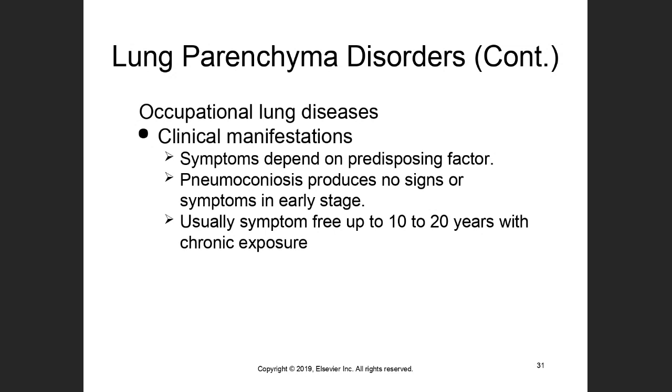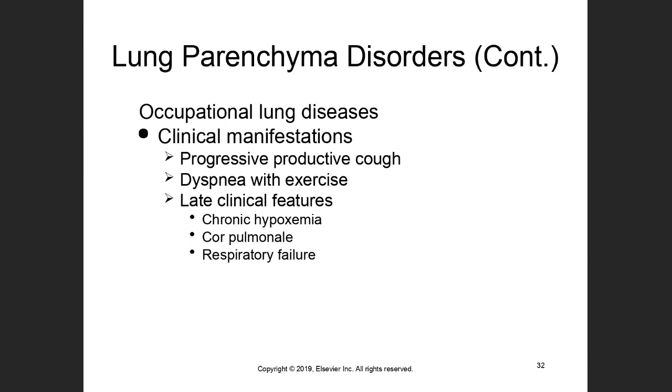Clinical manifestation: symptoms depend on predisposing factors. Pneumoconiosis produces no sign or symptom in the early stage, usually symptom-free for 10 to 20 years. That's why, when you see a patient with those characteristics, you have to do a good interview with the patient.